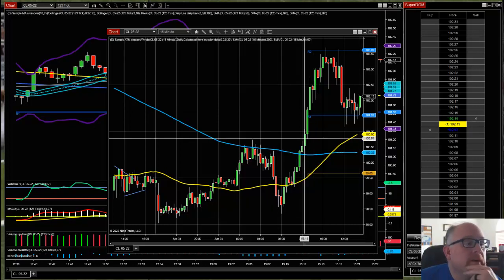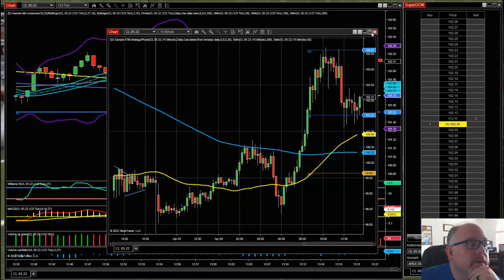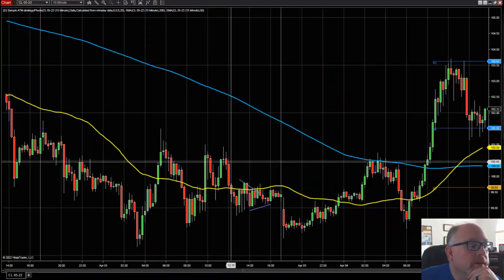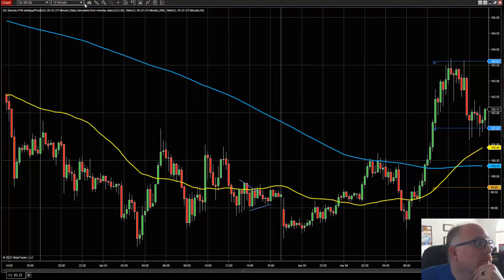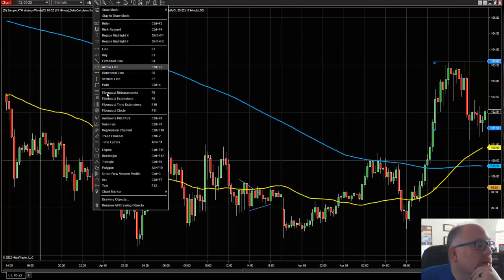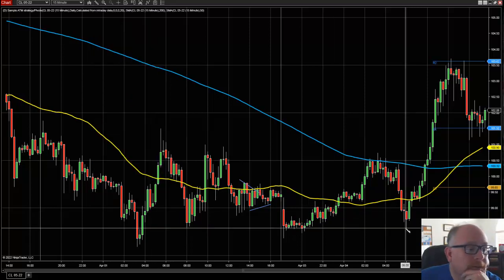You can actually put a Fibonacci extension on this one, can't you? Looking pretty good. See if we can make that work here on extensions.